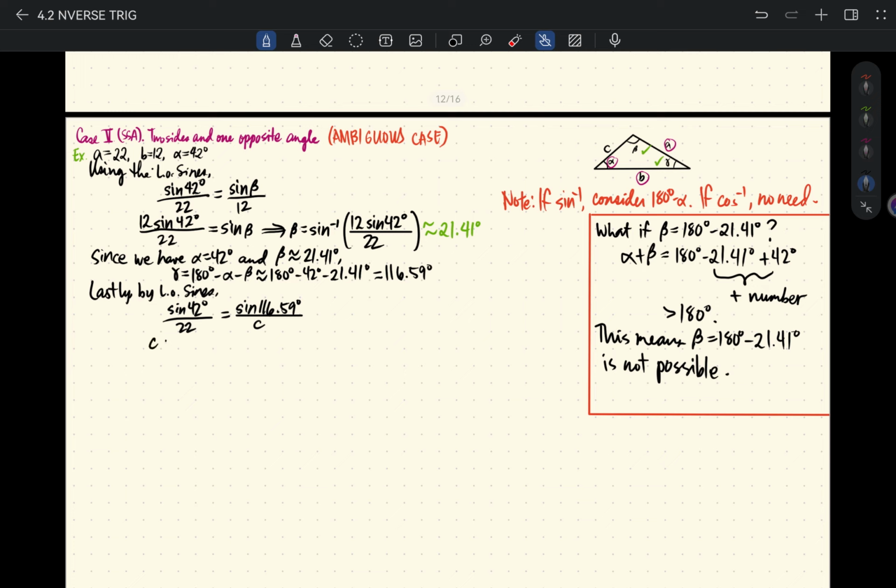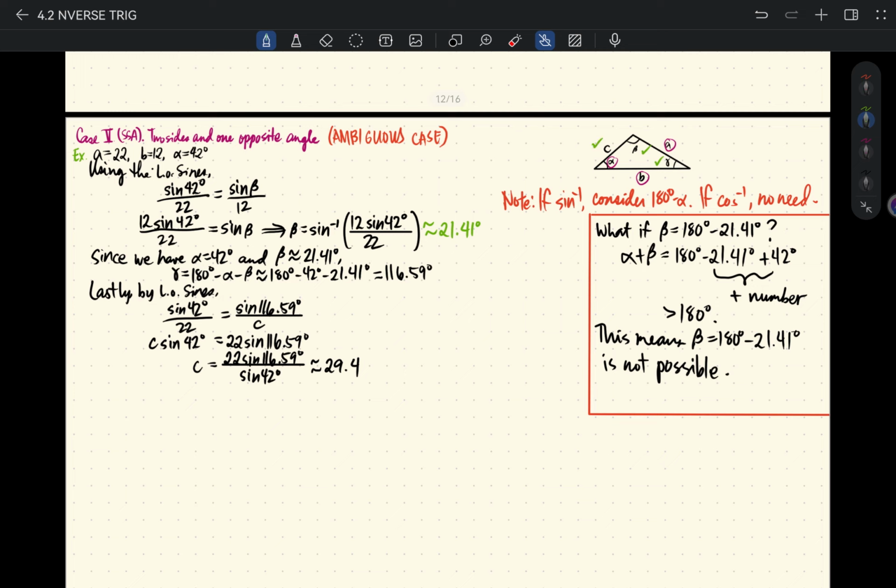By cross multiplication, we have C sine of 42 degrees equals 22 sine of 116.59 degrees. Then dividing both sides by sine of 42 degrees, we have C equals 22 sine 116.59 degrees over sine of 42 degrees. This would be approximately 29.4.